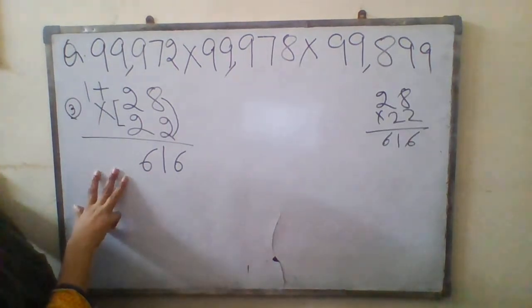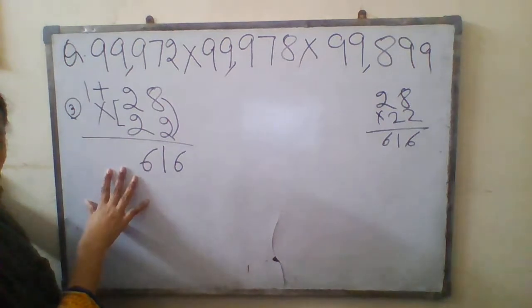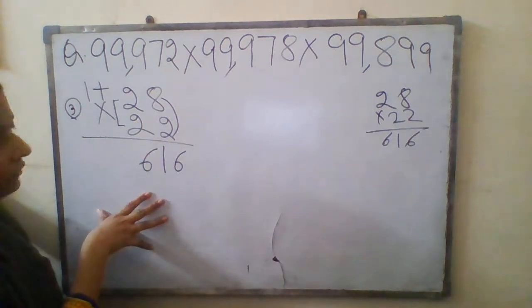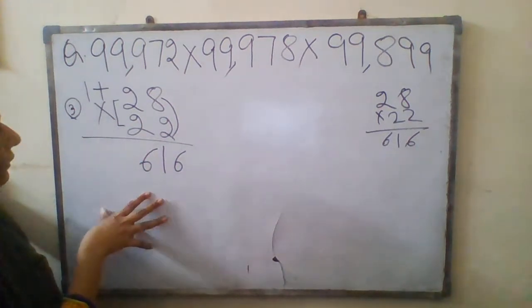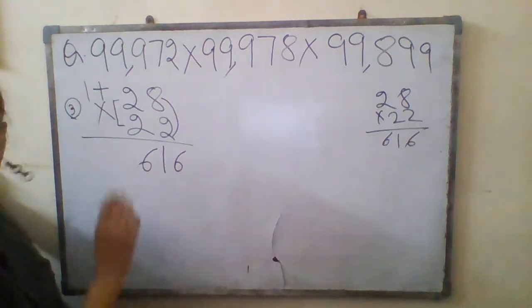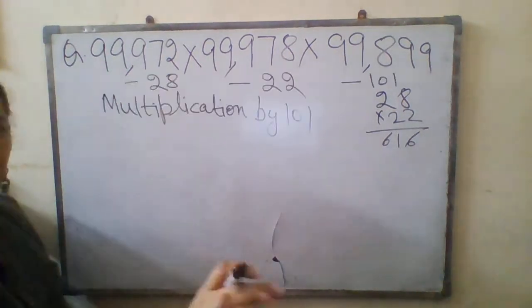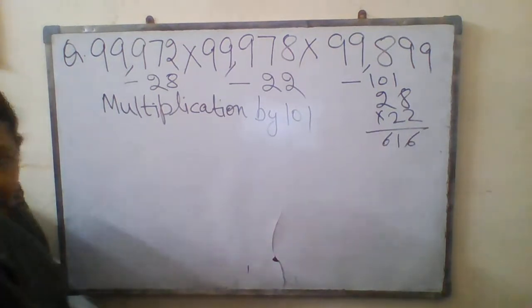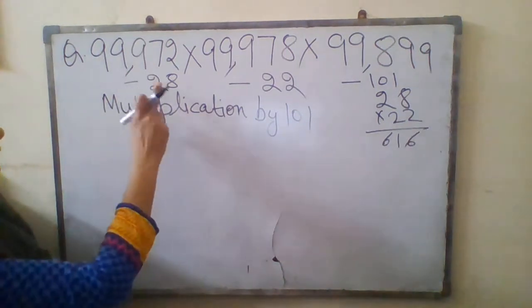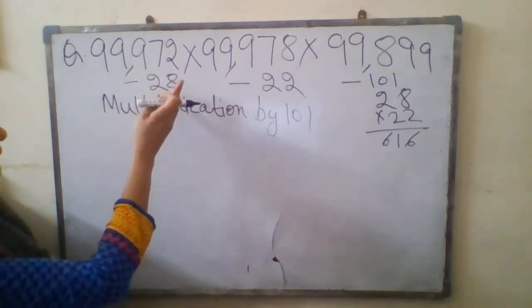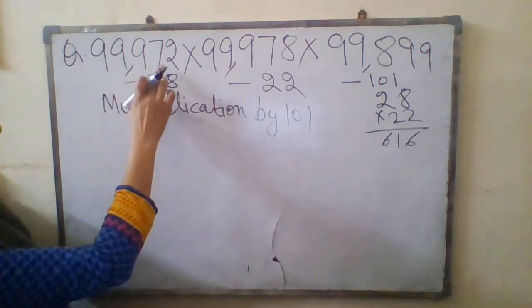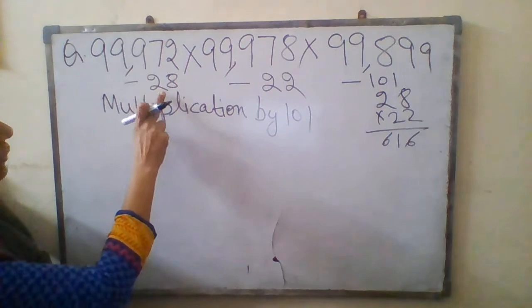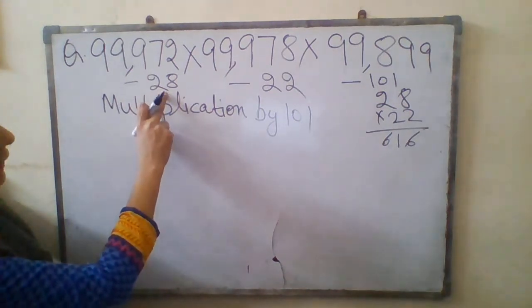Now you look here. I have told you how to solve this portion and I have written it here separately, so I am going to rub this now. Now look at what I have done. If you subtract 99,972 from 1 lakh, you will get minus 28.